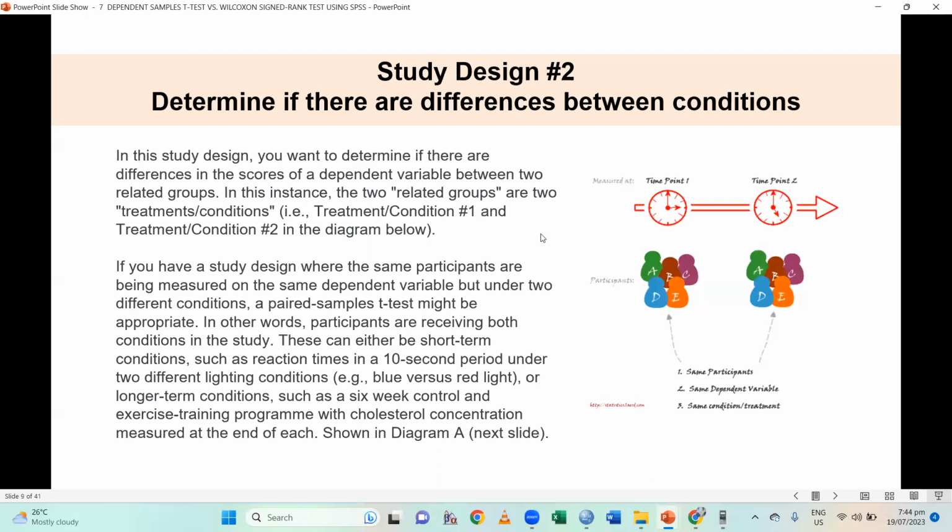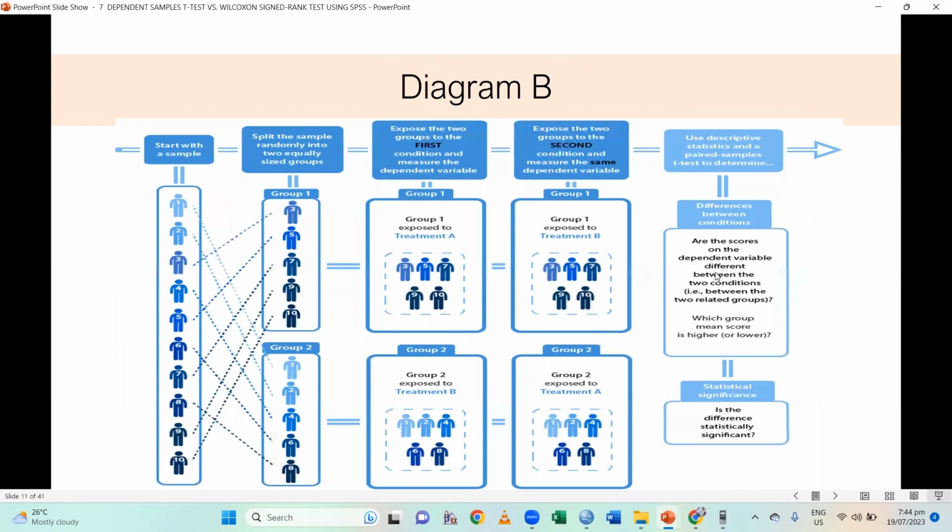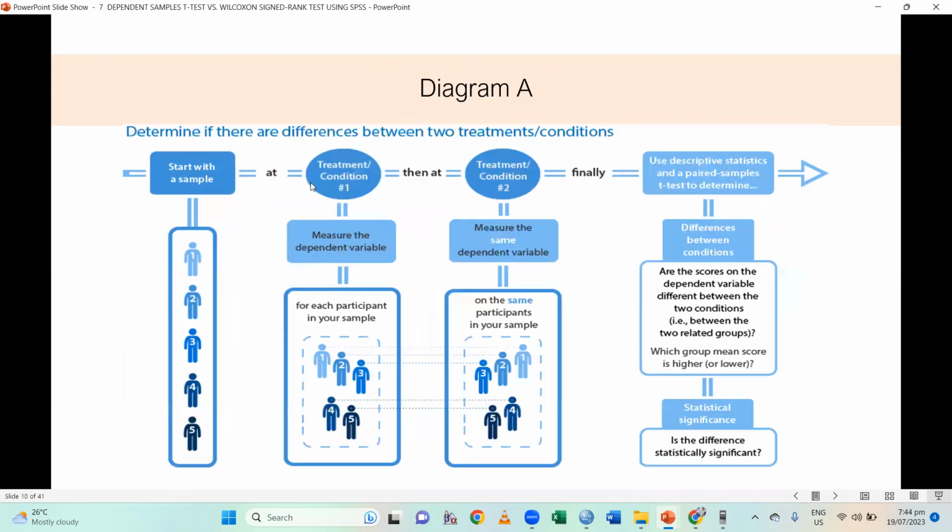Also, for the second study design, you want to determine if there are differences in the scores of a dependent variable between two related groups. In this instance, the two related groups are two treatment conditions. So we have here the different diagrams that you could refer to.